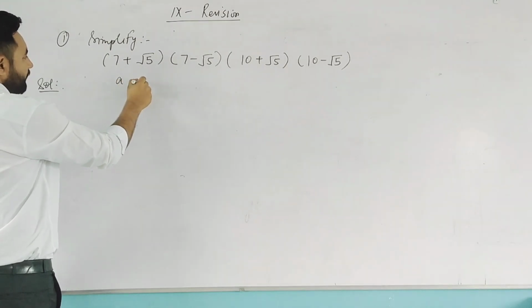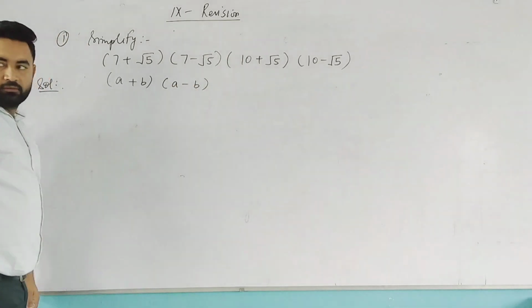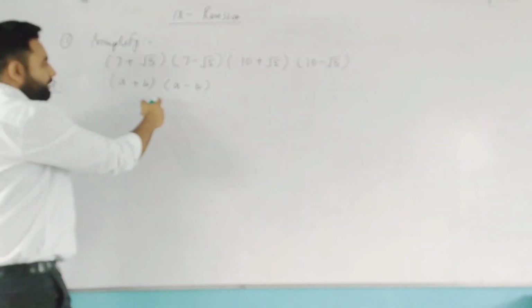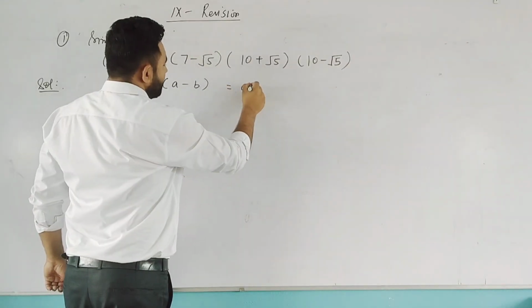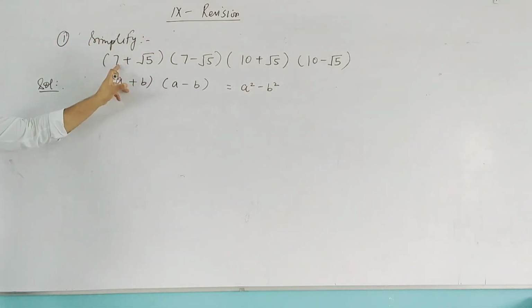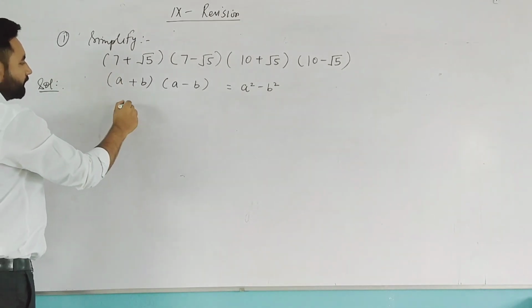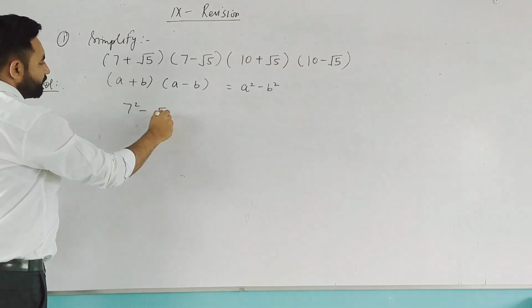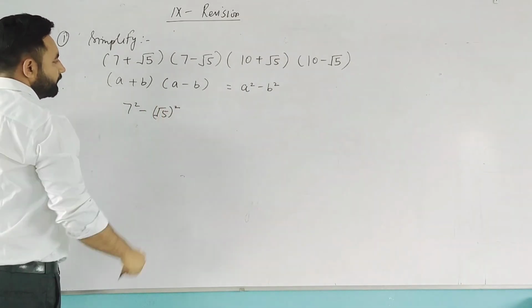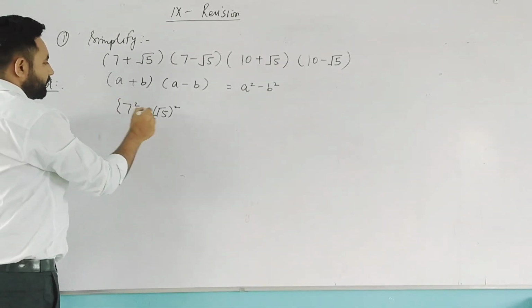As you can see, this is written in the form a plus b, a minus b, which is of course equal to a square minus b square. Because of that, we'll write here 7 square minus root 5 square.